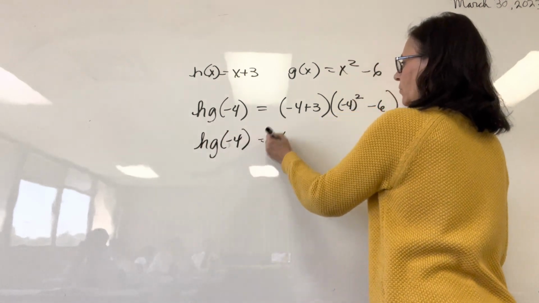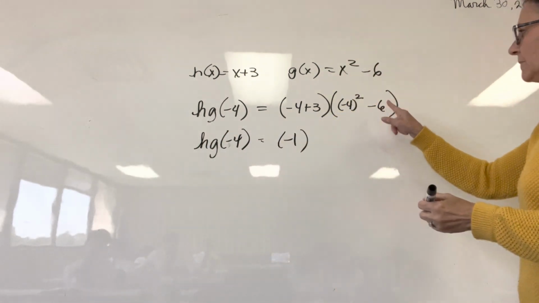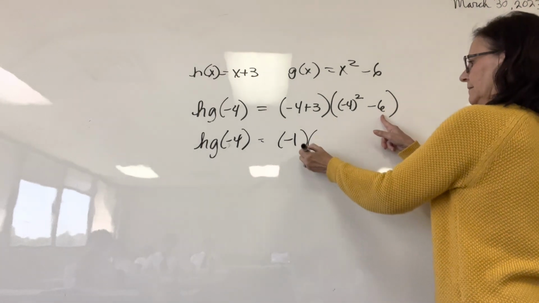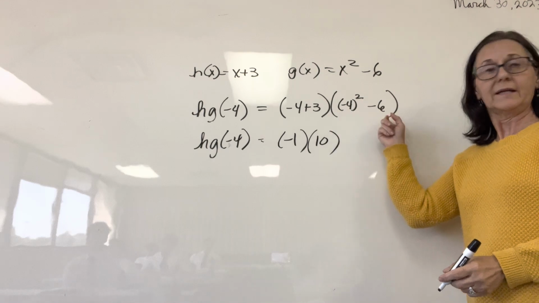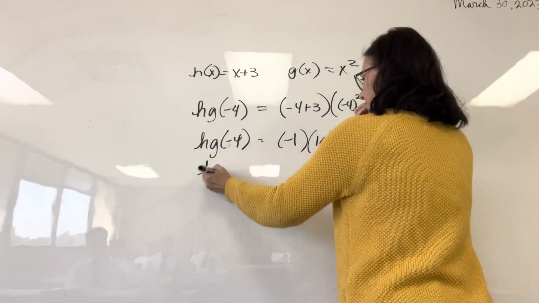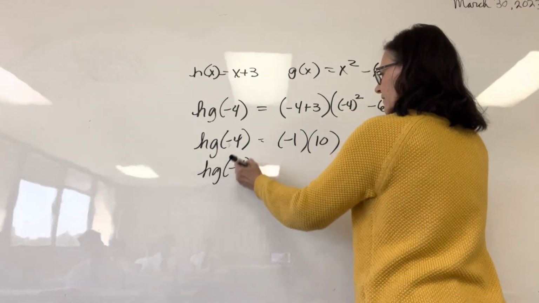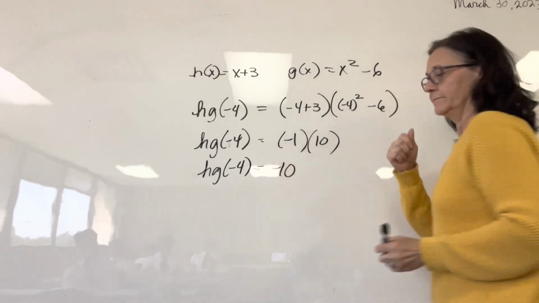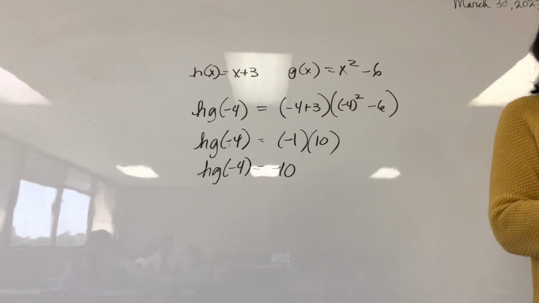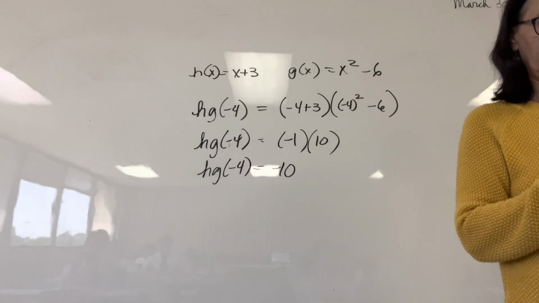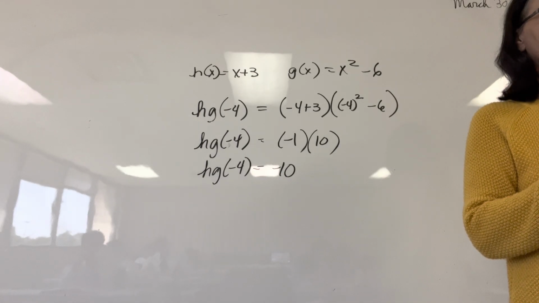All right, so that's negative 1. That's 16 minus 6. That's 10. 16 minus 6, right? So hg of negative 4 is negative 10. Make sense? Are we good so far?